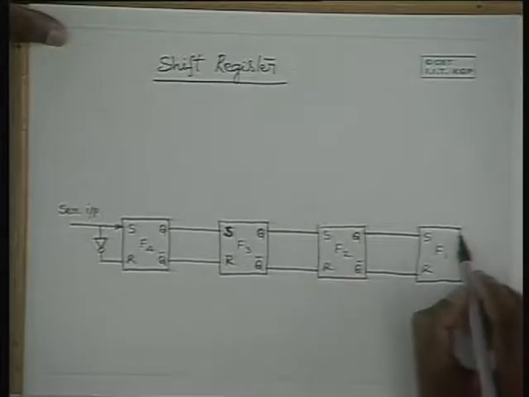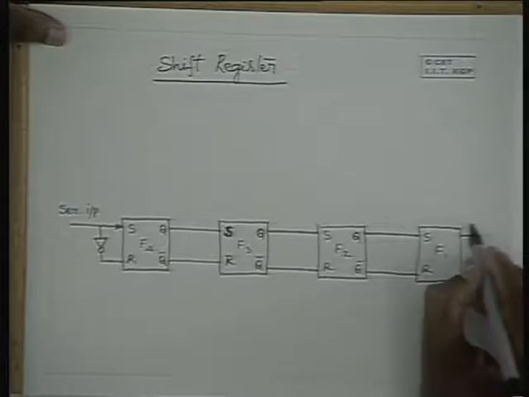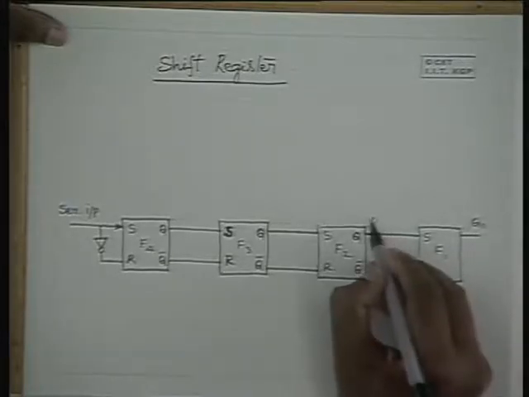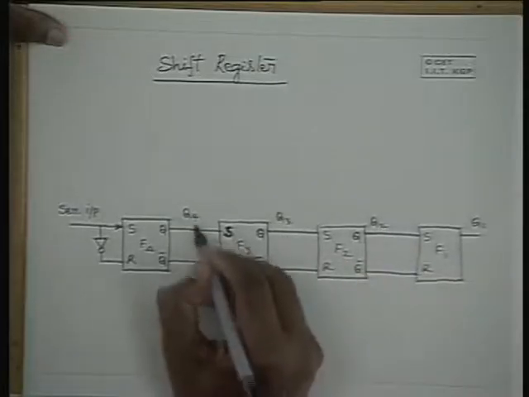And here we have the final output. If we call it Q1, this will be Q2, this will be Q3 and Q4.